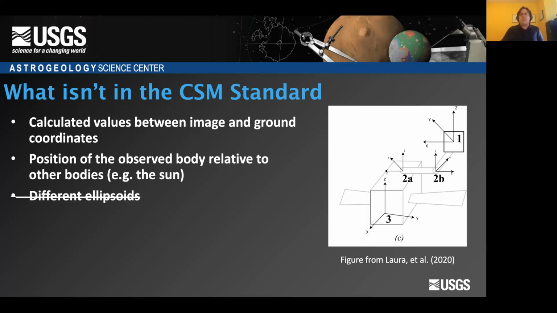So something that we've worked on with the Community Sensor Model Working Group is getting the standard adjusted and modified to work with all of the different situations we have in planetary. It now does, I believe it was added in 3.0.3, so that you can have a settable ellipsoid, and if you have different target bodies, you can do different things. But again, that's just for approximate things. You still need to be doing your own surface modeling and such.